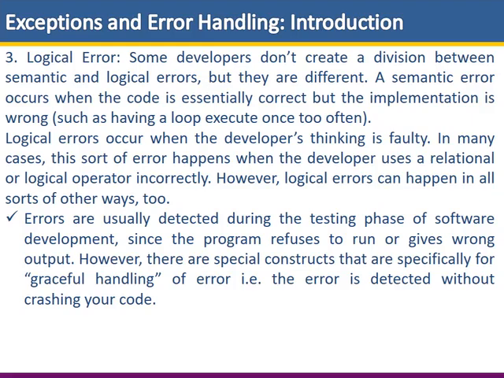Some developers don't create a division between semantic and logical error, but they are different. A semantic error, as I explained earlier, occurs when the code is essentially correct but the implementation is wrong, such as having a loop execute once too often, whereas logical error occurs when the developer's thinking is faulty.